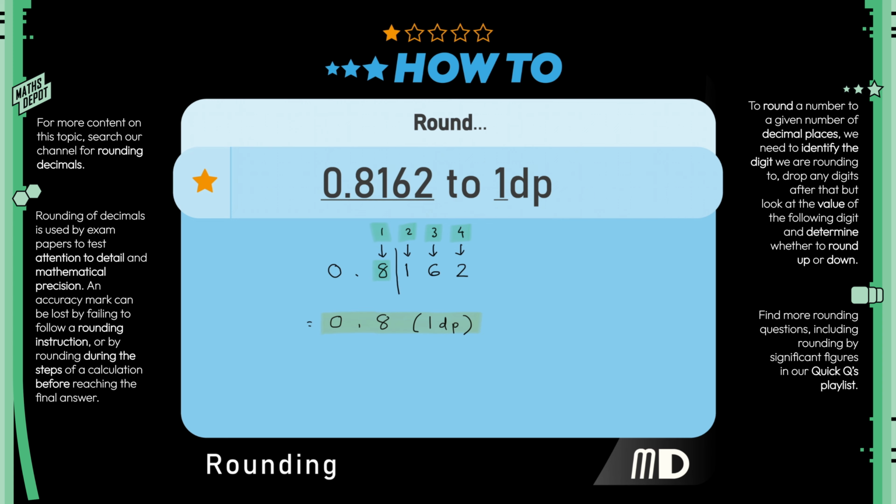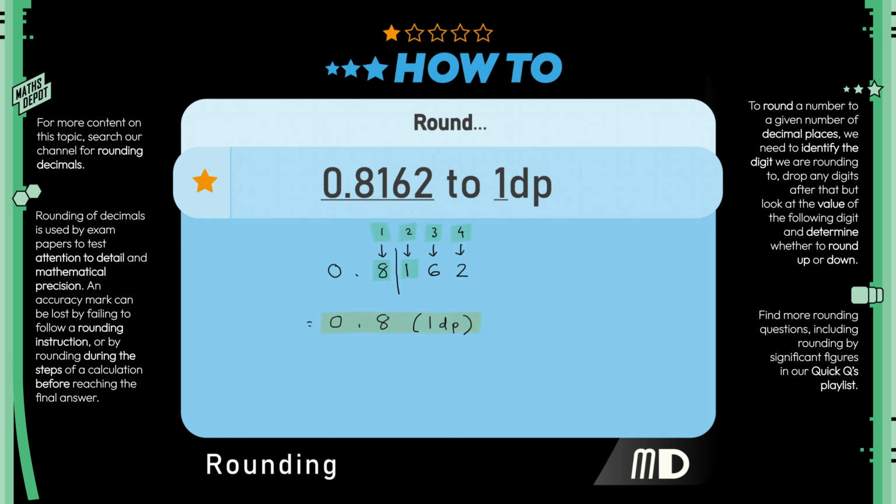But remember, we need to check whether the second digit is 5 or above, or less than 5. In this case, the second digit is 1, so the 8 stays the same. So 0.8162 rounded to one decimal place is 0.8.